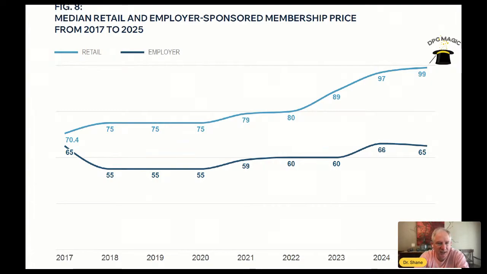Employer based has been hanging out at about the same price for the last, about 8 or 9 years. Retail pricing has jumped up over time. So I wanted to share this interesting graph. It's kind of a wide separation between retail and employer. Over $30 difference is pretty interesting to me.